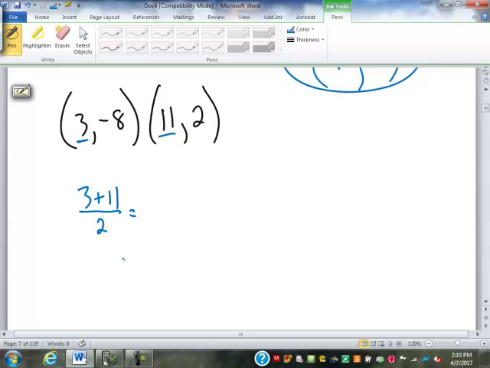Good. So 3 plus 11 is 14. 14, and divided by 2? 7. So the x-coordinate of the midpoint is 7.